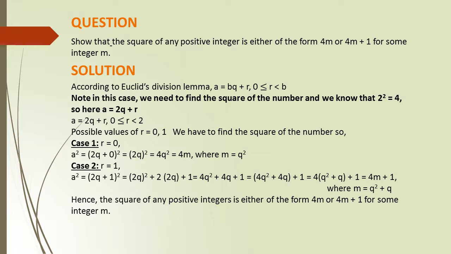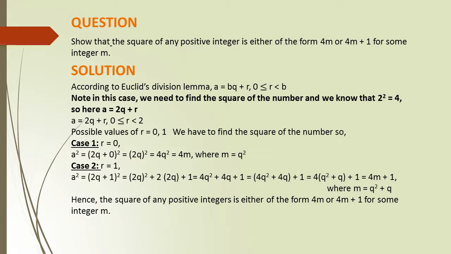So if we take the square root of 4, what is the value? 2. So 2 square is 4. So we can take a is equal to 2q plus r, because basically we're going to take the whole square of this statement. Now the possible values of r will be 0 or 1, so we have only 2 cases.